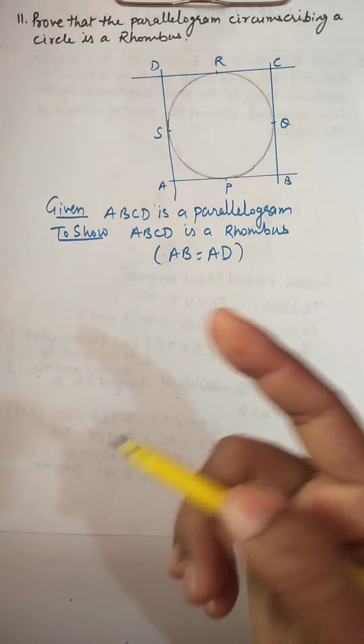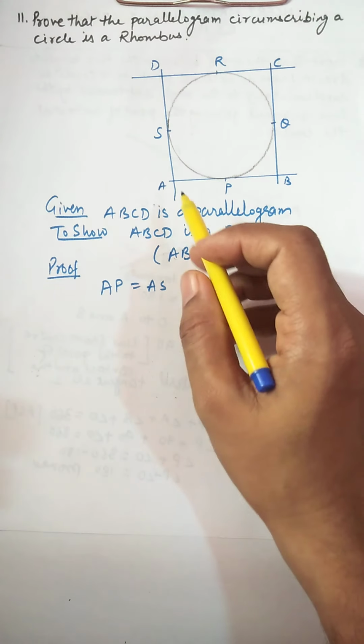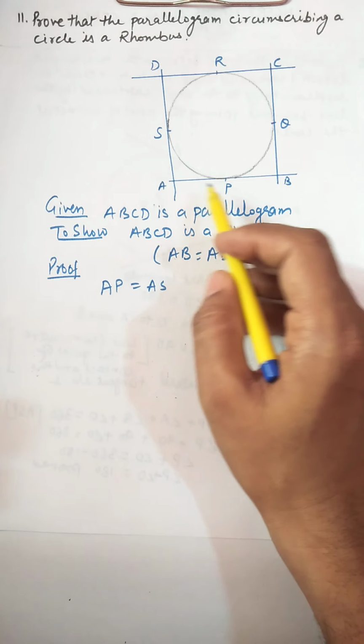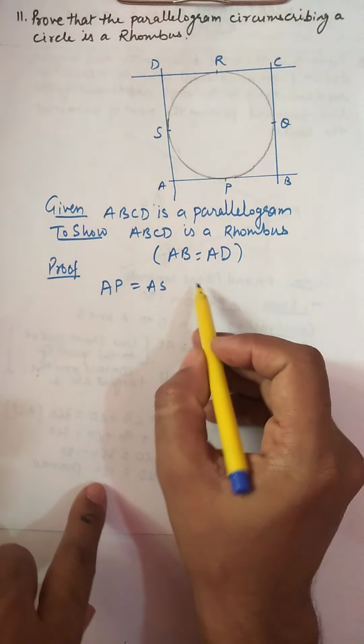So let's start the proof. We can say that AP and AS are equal because A is an external point and AP and AS are two tangents, and their lengths will be equal.